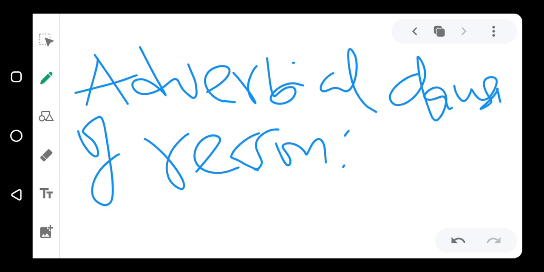So adverbial clause of reason tries to identify the reason why a verb takes its action.